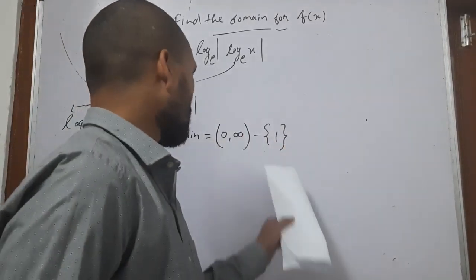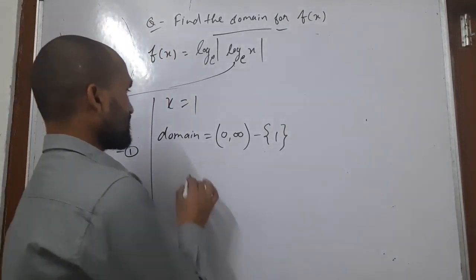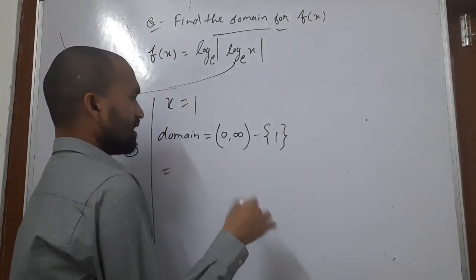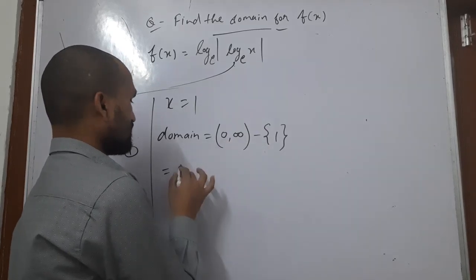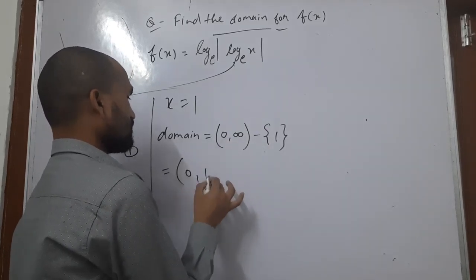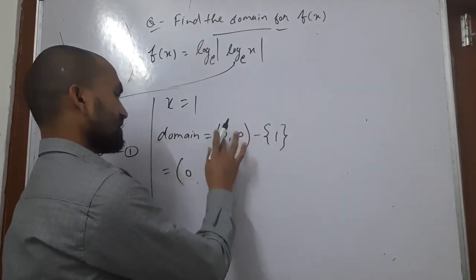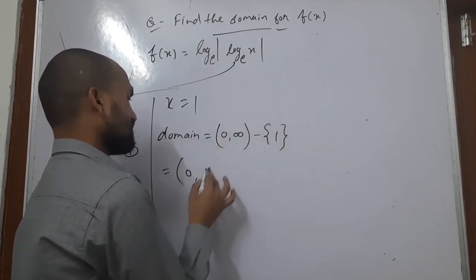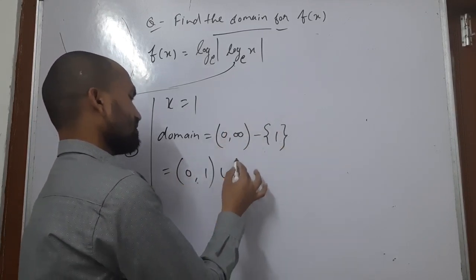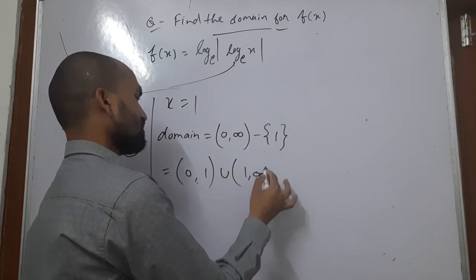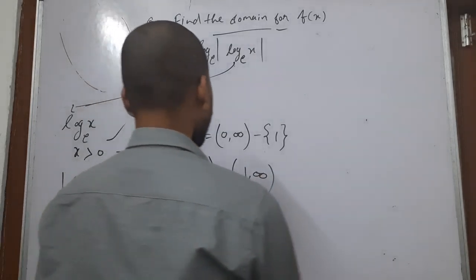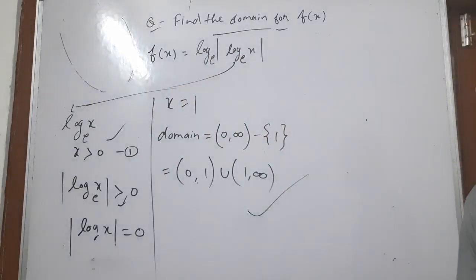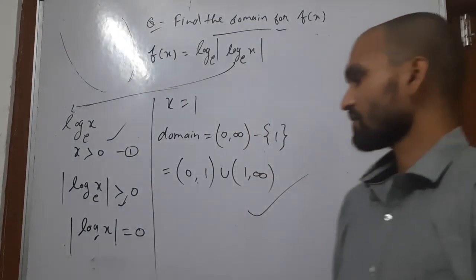What will be remaining when we take 1 out of this interval? It will be the open interval 0 to 1, because from this interval we should remove the 1, union 1 to infinity. It is the domain of our given function.